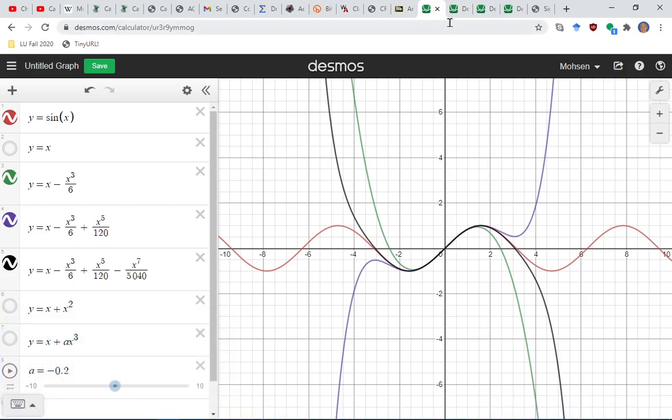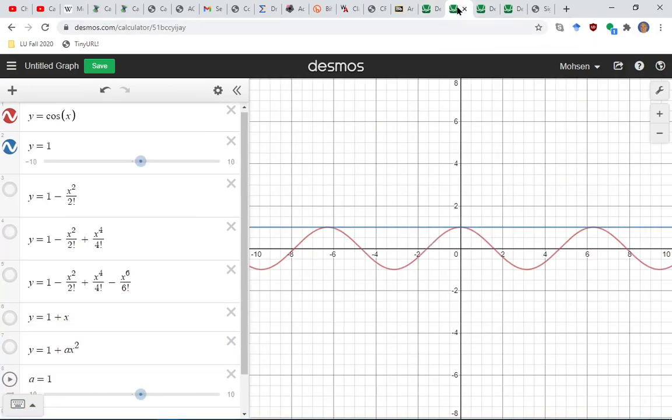Let me show you another example before we go back to paper. The same story holds for cosine of x. Cosine of x is a so-called even function. So this is symmetric across the y-axis. The first approximation we can do for it, if you want to focus around the origin, is the flat function of 1. What if we throw in an odd power like x?